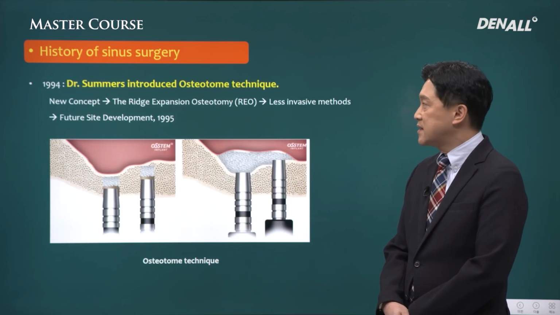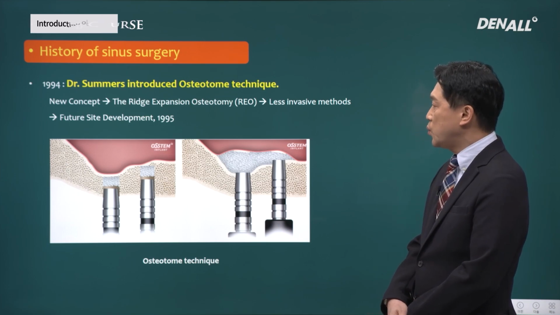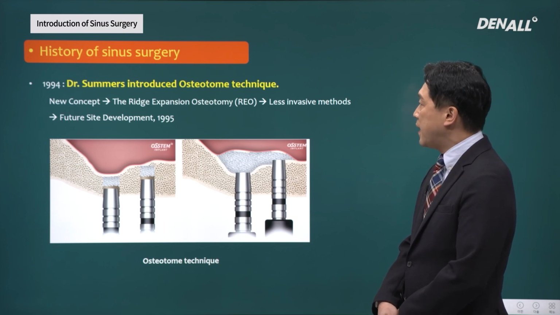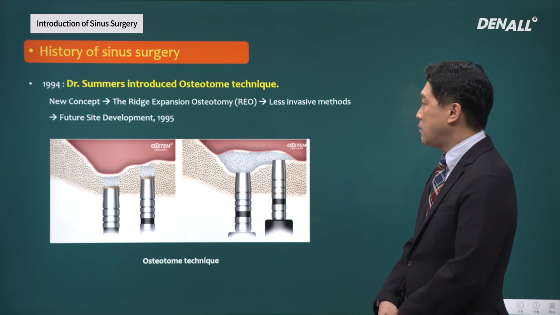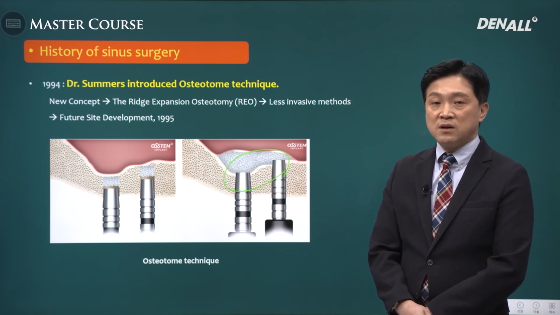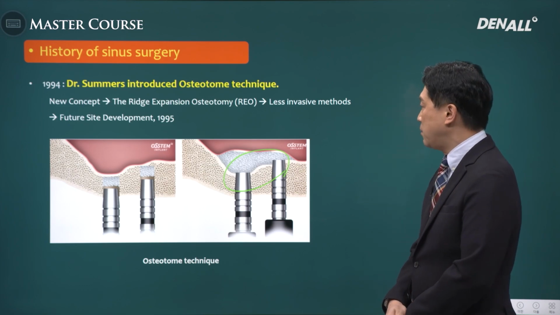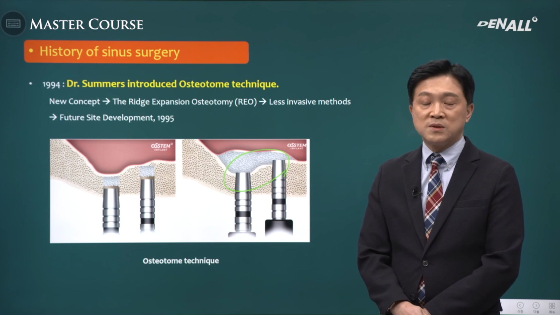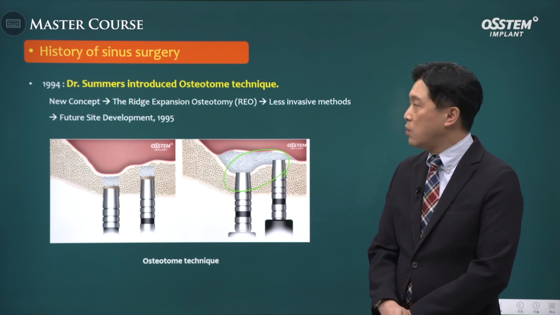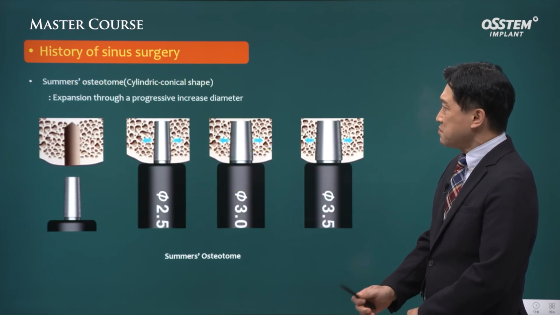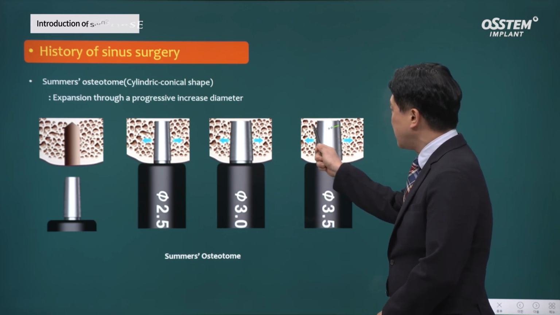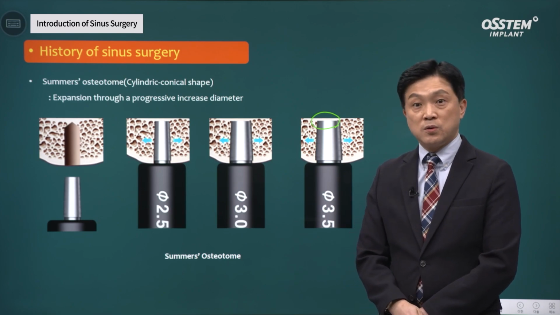In 1994, Dr. Summers announced the Summers osteotome technique. Up until then, ridge expansion osteotomy was performed, but since then, the sinus floor was fractured to elevate the sinus floor. Bone-added osteotome sinus floor elevation was introduced. Summers osteotome is unlike a ridge expansion osteotome.